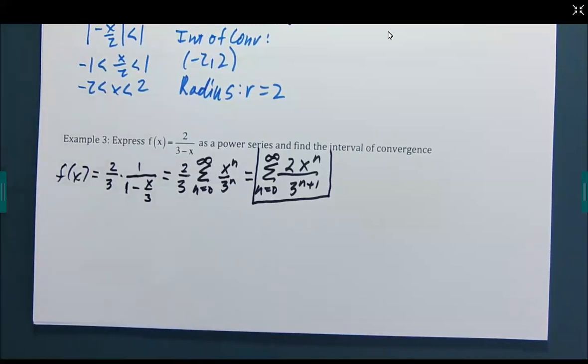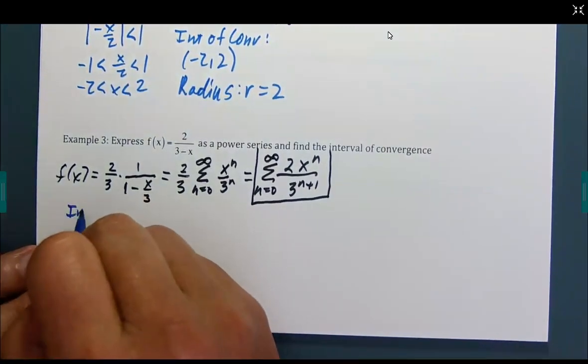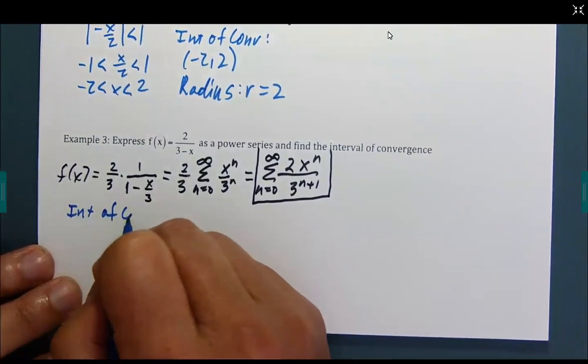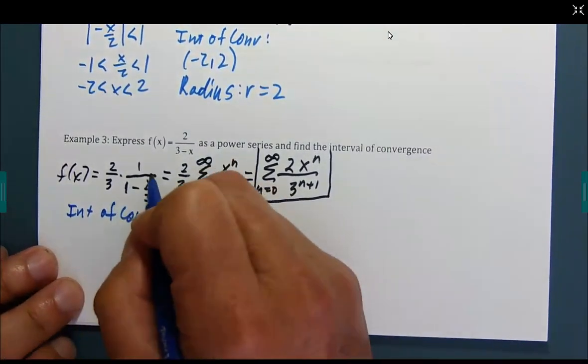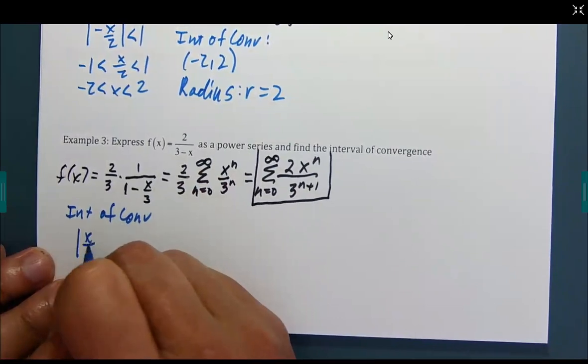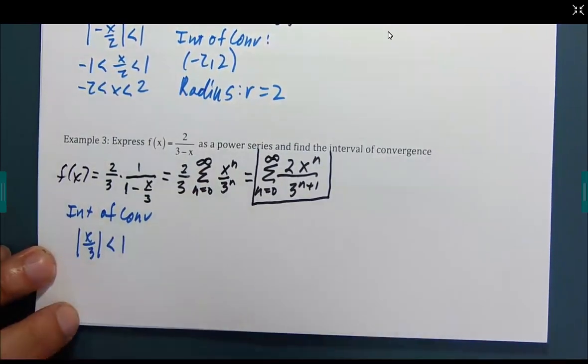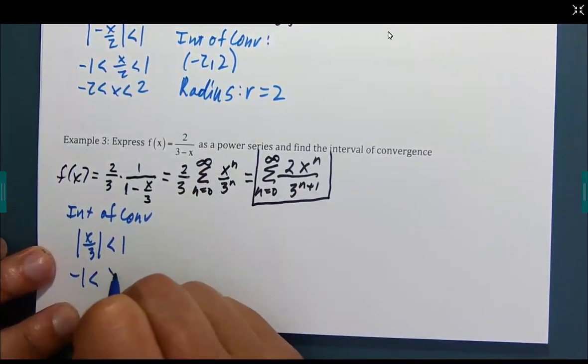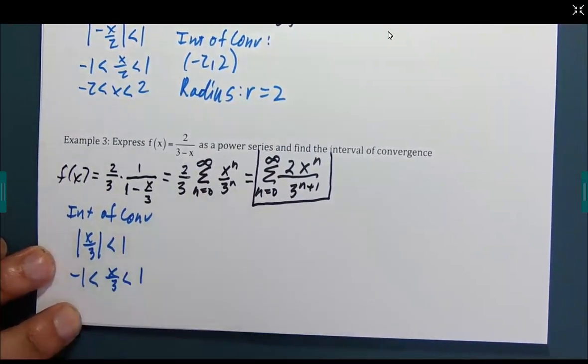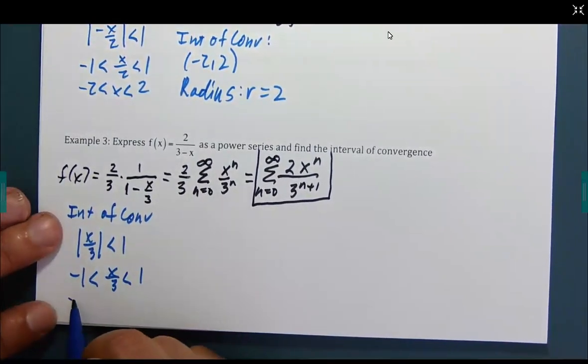So let's talk about the interval of convergence. There's my r. That has to be less than 1. And then multiply through by 3.